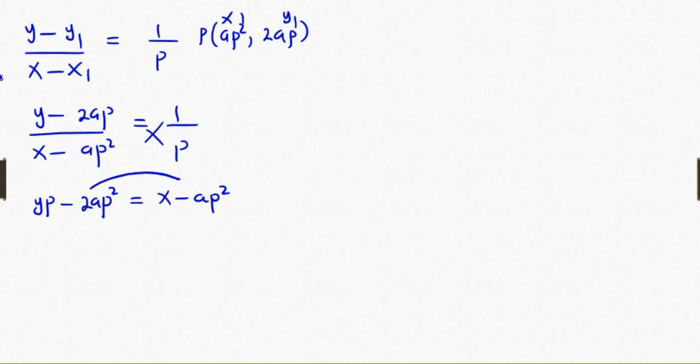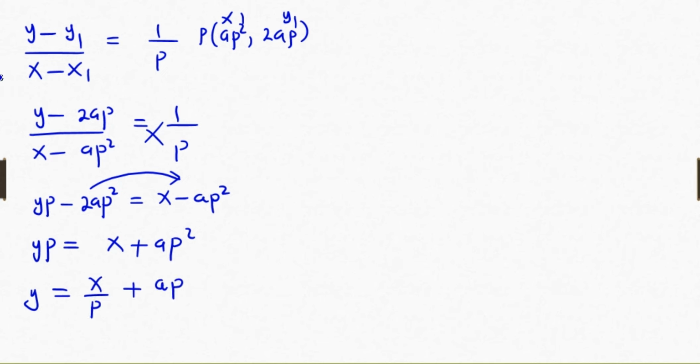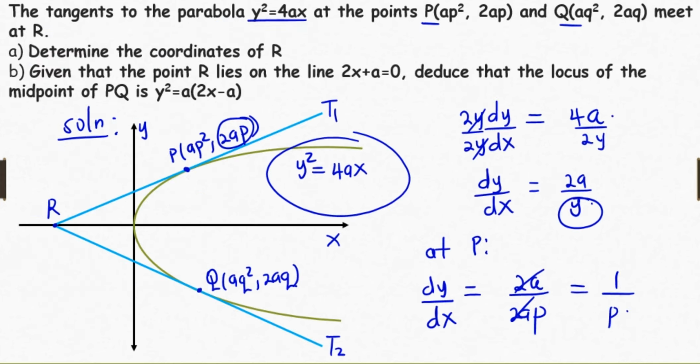So we carry negative 2ap squared to the right. We shall have py equal to x, then negative ap squared, and when we transfer negative 2ap squared to the right, we remain with ap squared. So we divide both sides by p, and we remain with y equal to x over p, then plus ap. Okay, so this is the equation of the tangent at this point.